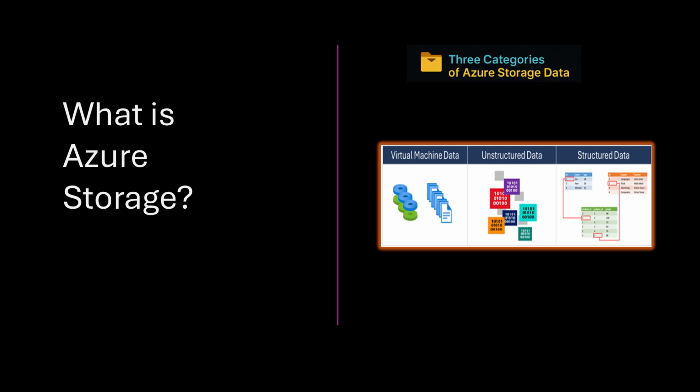When working with Azure Storage, it helps to understand the three primary categories of data it supports. Each type aligns with how you store and access information in your applications and infrastructure. First, there's virtual machine data, which gives you persistent storage for your Azure IaaS virtual machines. You'll use Azure Managed Disks, which work like hard drives for your VMs.